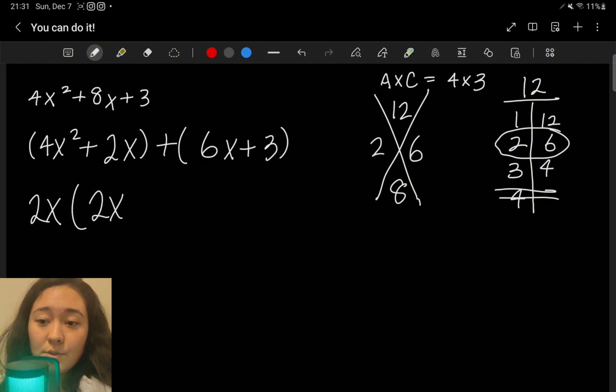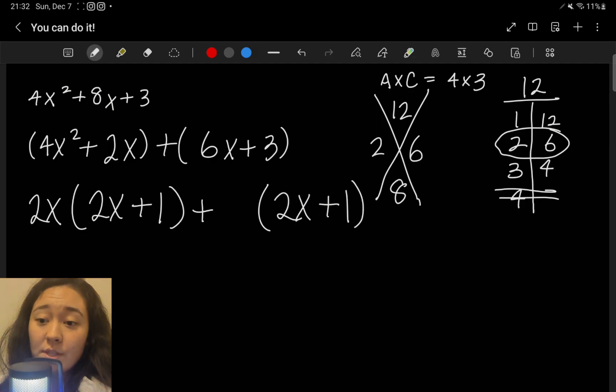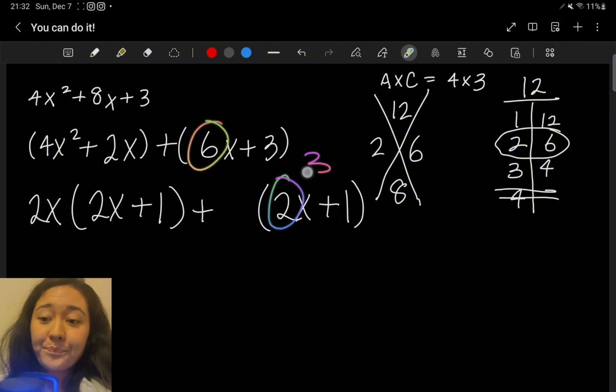So 2x times 2x is 4x squared, so that's good. 2x plus 1, and then we write the same thing in the second parentheses and find out what we have to take out, which in this case is 3, which you can tell because 3 divided by 1 is 3. Or 6 divided by 2 is 3. Both of them are 3. The point is you take out 3.